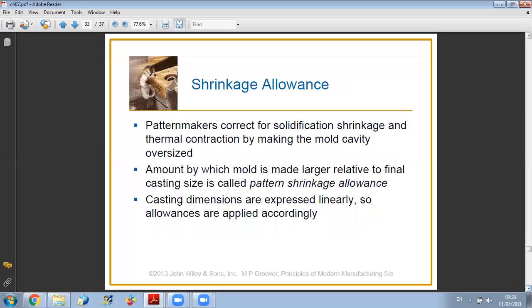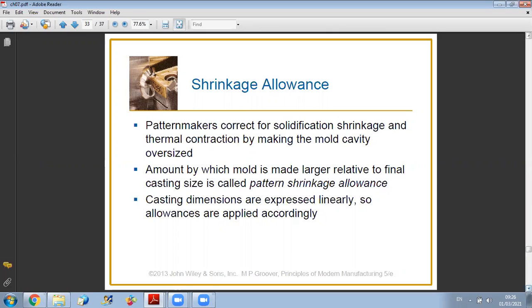Now, concerning the shrinkage allowance, pattern makers correct for solidification shrinkage and thermal contraction by making the mold cavity oversized. First, the riser will play a role in reducing shrinkage, but you will always have shrinkage at the end, because once you have complete solidification, you will have thermal contraction. So in order to compensate for this, when we design the pattern, we take into account that shrinkage will take place.